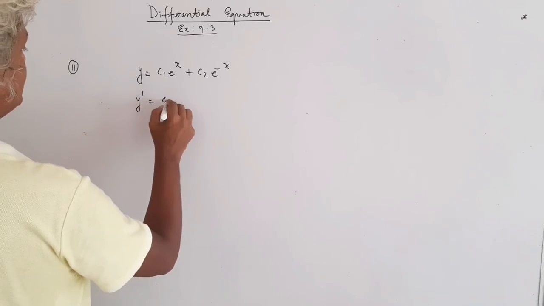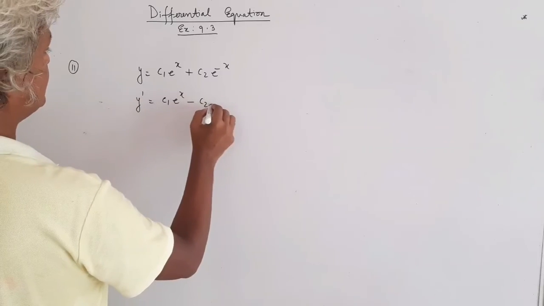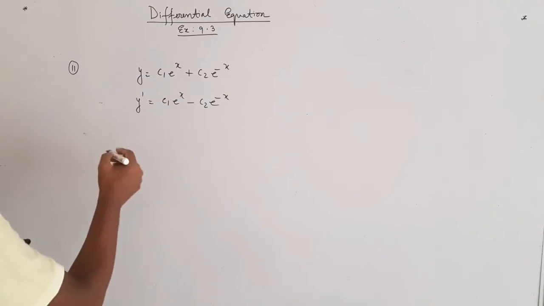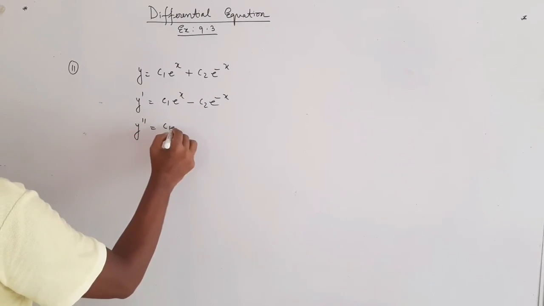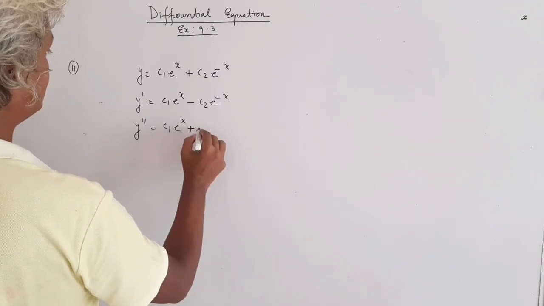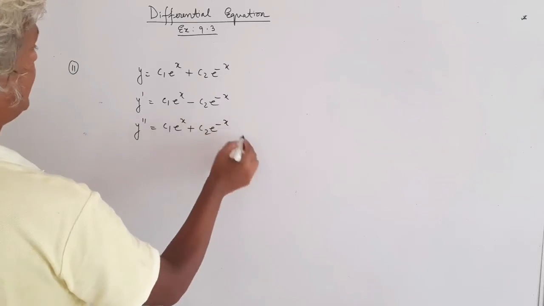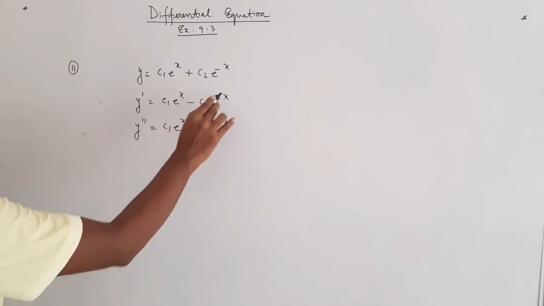That is c1 e to the power x minus c2 e to the power minus x. Simple. Now if you differentiate one more time, y double dash, you get c1 e to the power x plus c2 e to the power minus x, because the differentiation of e to the power minus x gives you minus e to the power minus x.